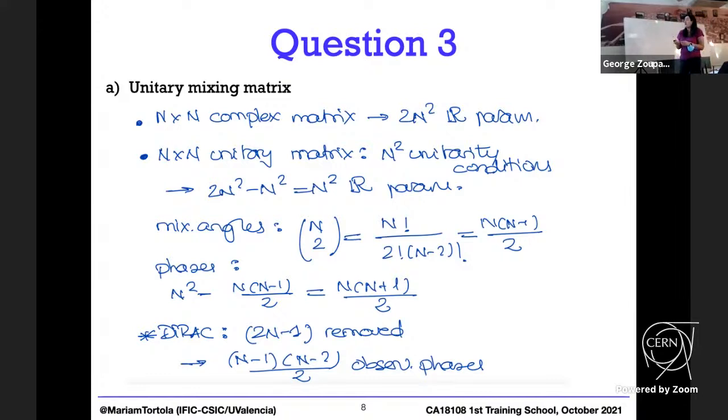And then we have seen how one can remove phases for Dirac. We saw that due to the invariance of the Lagrangian under global phase transformations, one can subtract 2n minus 1 phases. So at the end, this will be the number of observable phases in the case of Dirac.